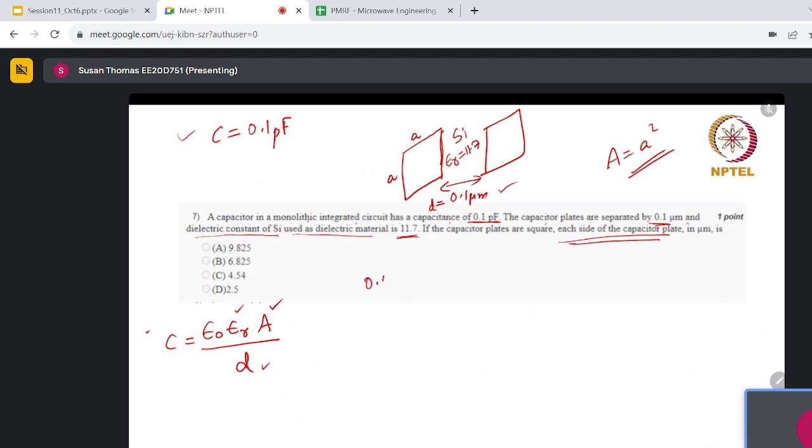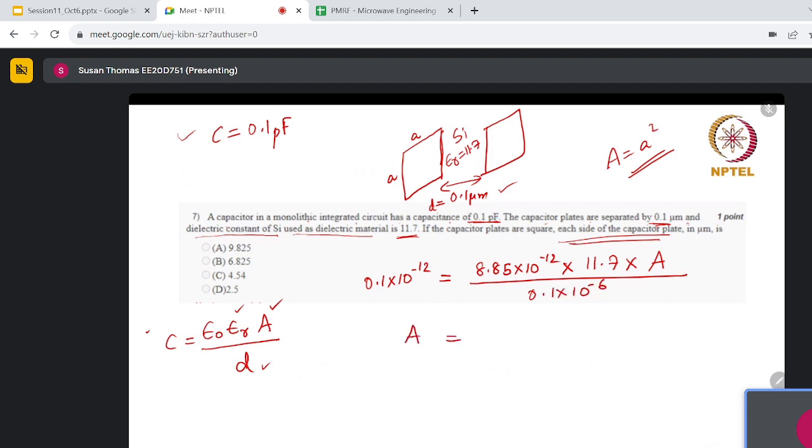So how do we do it? 0.1 picofarad is equal to epsilon 0, which is known, 8.85 into 10 power minus 12, times epsilon r, 11.7, into area divided by the distance between the plates, 0.1 into 10 power minus 6.